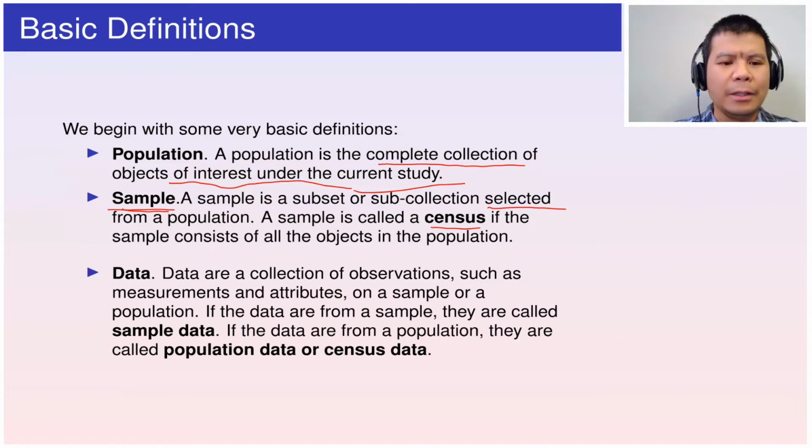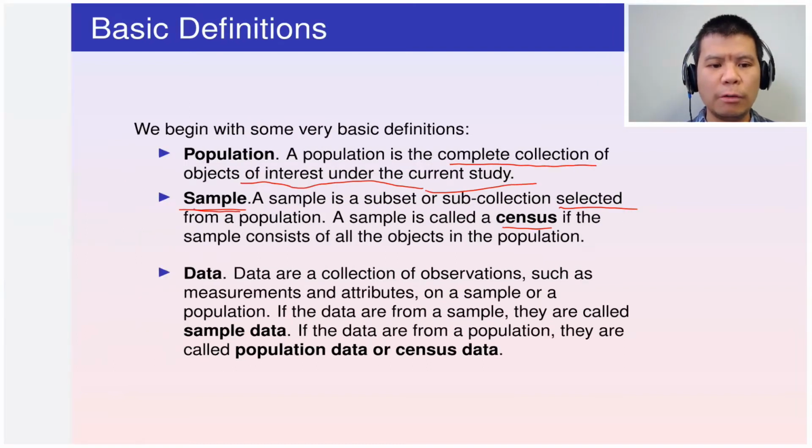Now, then we have population and sample. We are usually interested in some properties or characteristics of something about the population. Those things usually can be measured or represented as data.